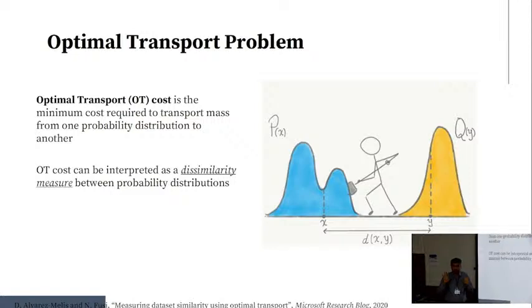If two distributions look similar, the OT cost, or the optimal transport cost, will be small, and if they look very different, then the OT cost will be high. So it becomes a very interesting dissimilarity measure between probability distributions, and it has found a lot of applications in machine learning, where you're trying to train models.